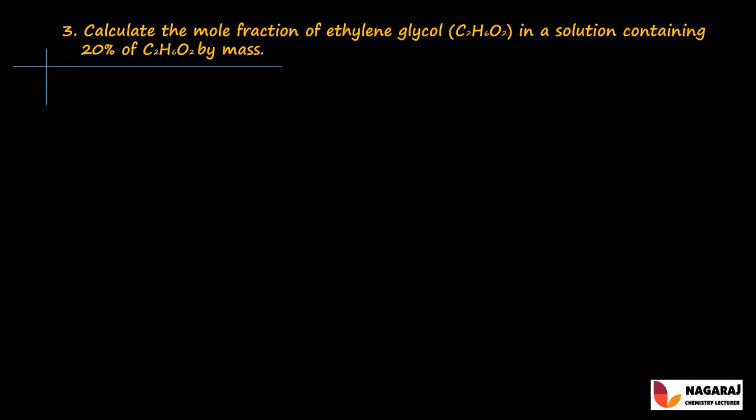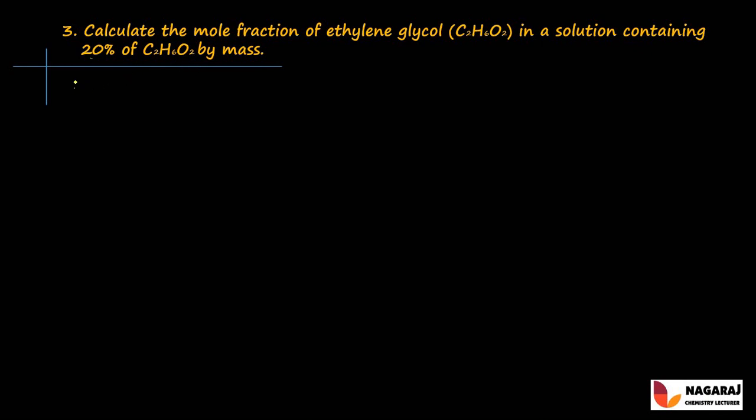And the next problem: calculate the mole fraction of ethylene glycol in a solution containing 20% of C2H6O2. C2H6O2 means ethylene glycol. So we have to calculate the mole fraction of ethylene glycol. Here they have mentioned 20% of ethylene glycol.